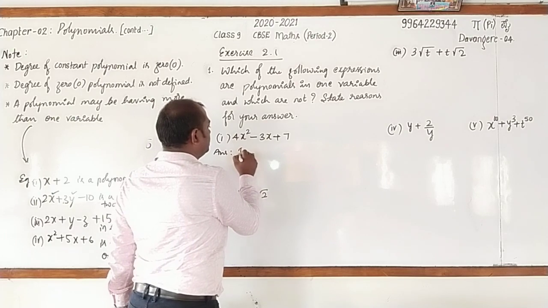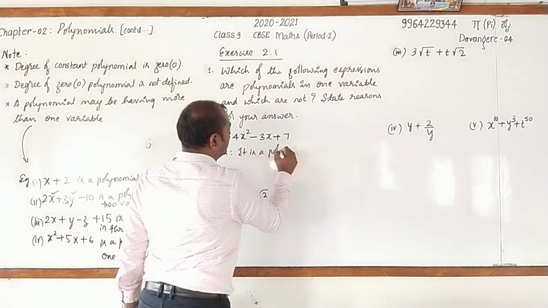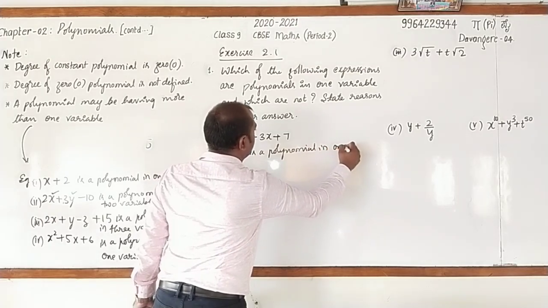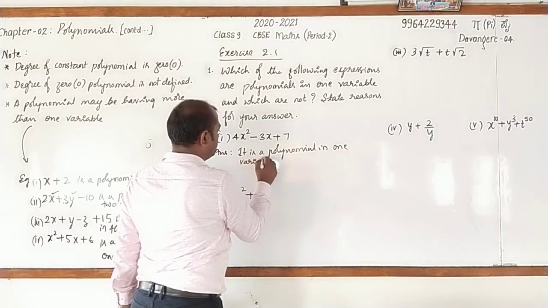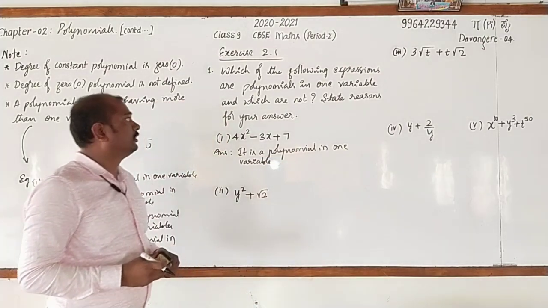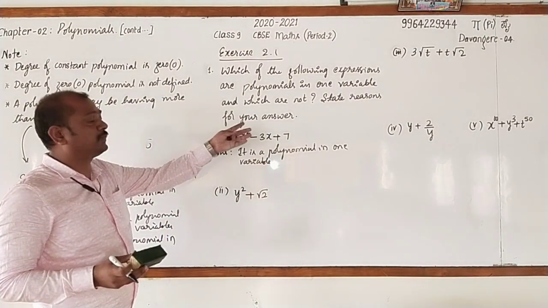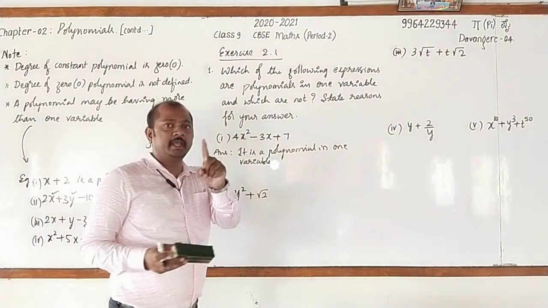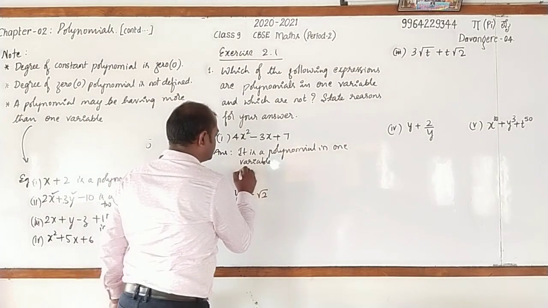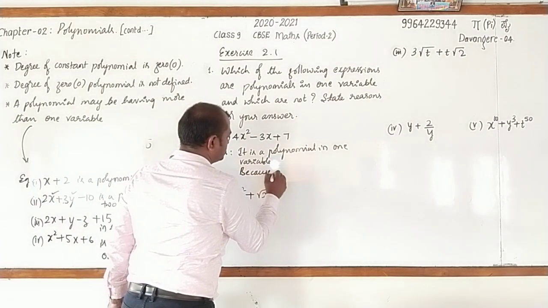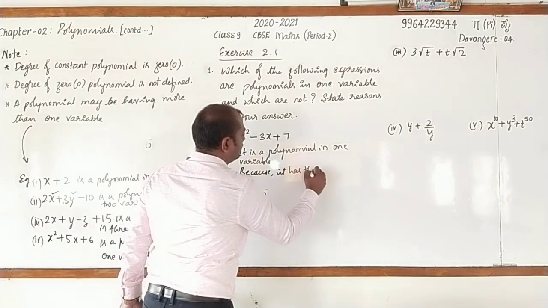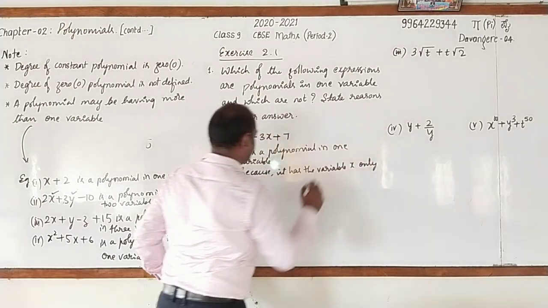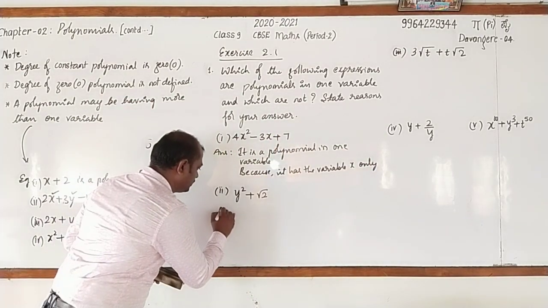Here I'll write: it is a polynomial in one variable. Then you have to state the reason for your answer. How do you say? Because it has the variable x only.